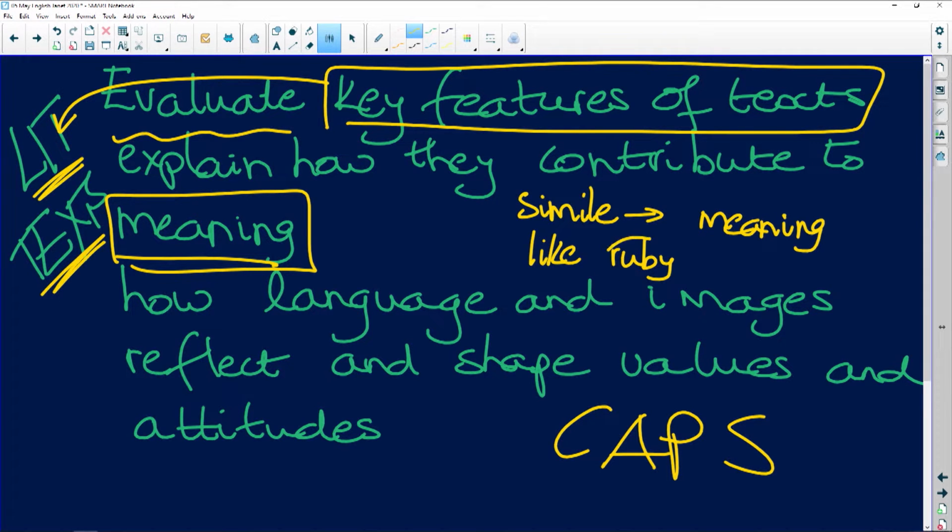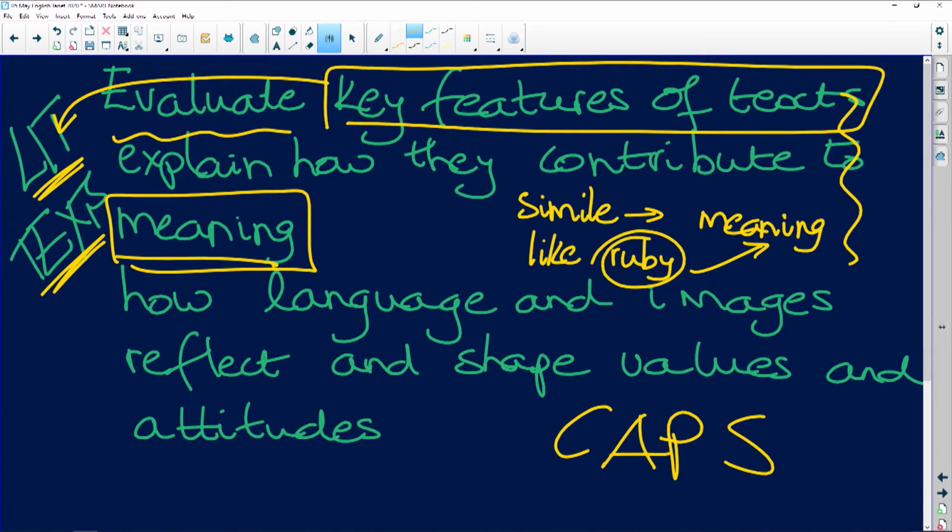So a ruby is a precious stone. What are we saying is the meaning is that a good woman, her price is beyond rubies. She is so precious and special and wonderful that you would rather have this woman than have a whole lot of precious stones.